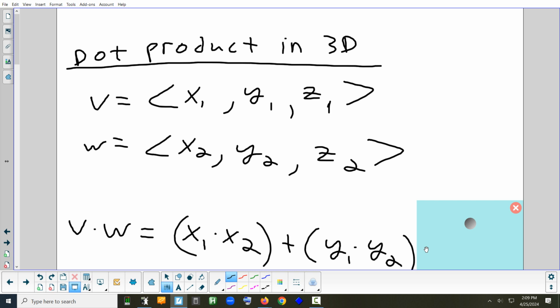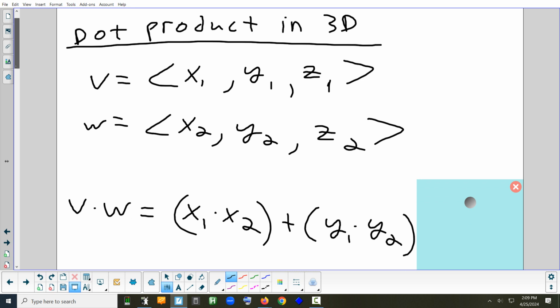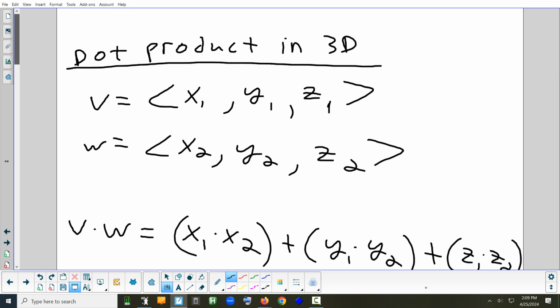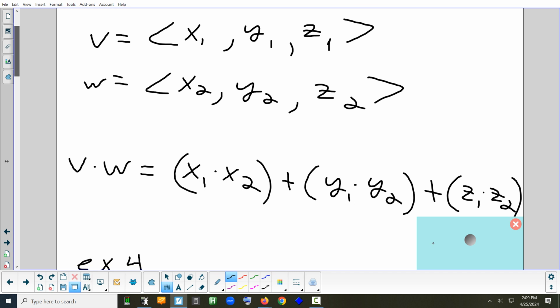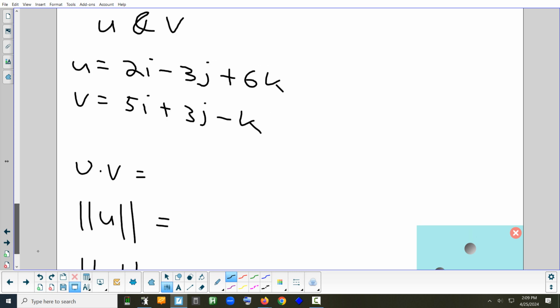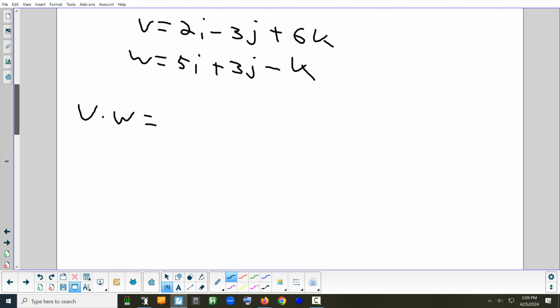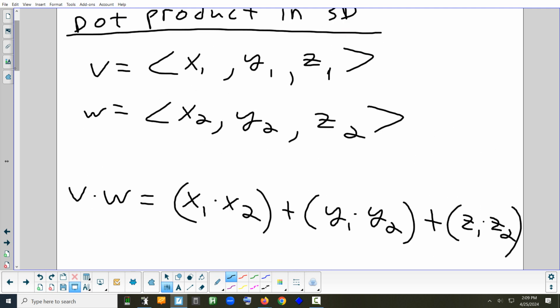And if that was 2D, you're done. What do you think I have to put down for 3D? Plus, and then the z's: z1 times z2. So that's the formula for finding a dot product in 3D. Multiply the x's, plus multiply the y's, plus multiply the z's.